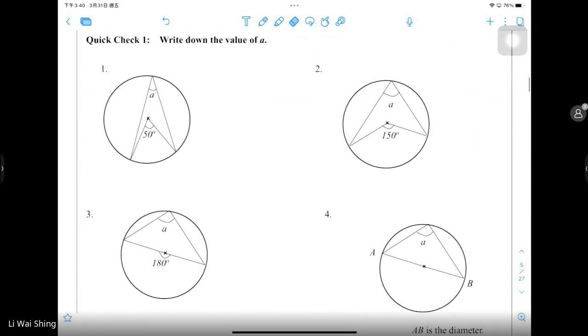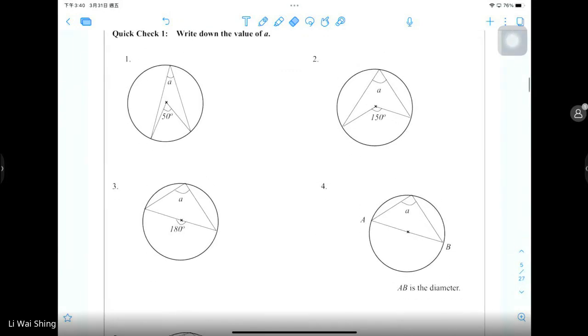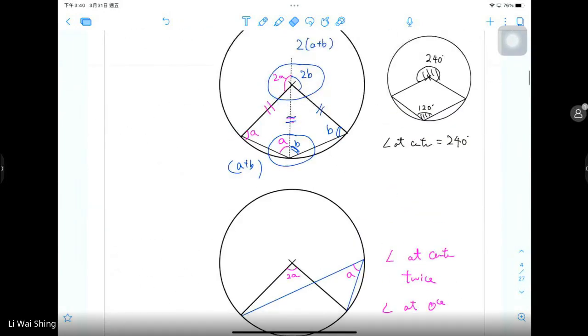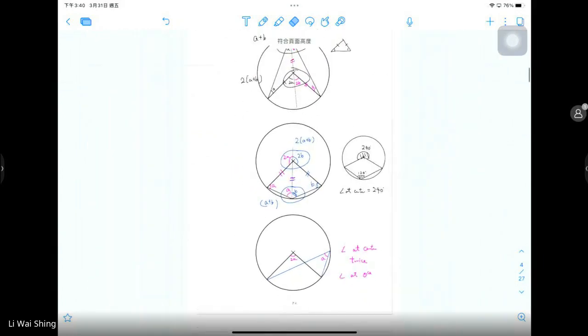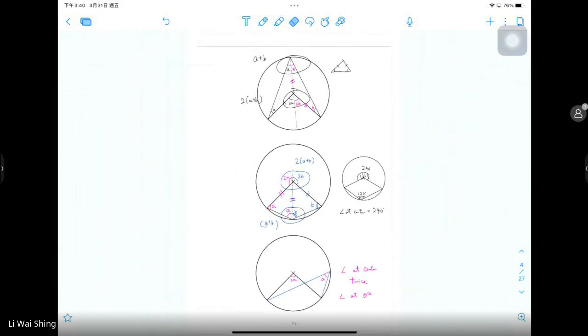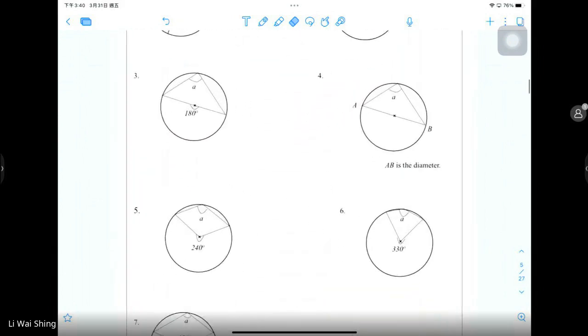Okay, have a quick check. 30 seconds for you. Okay, for the proof, I'm going to show you later. I have 10 minutes left only.